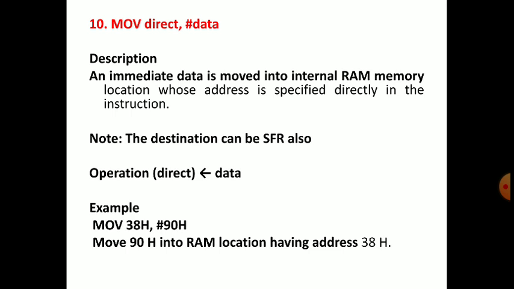So one should be able to tell after we write the instruction in the program. For example, move direct comma hash data. So what is the addressing mode here? Simply it is an immediate addressing mode we have used, because the data which we supplied in this instruction is directly mentioned in the instruction, and it is distinguished by a sign, that is hash, pound sign.